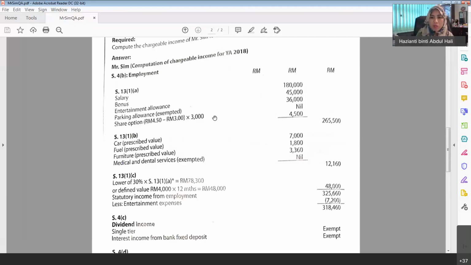So in our calculation, we have to take out the share option, which means this section 13(1)(a), 265,500, you must deduct 4,500 to use here. We do not use this figure straight away because we have a share option here. So the share option cannot be included in the calculation of section 13(1)(a). So that will give us a value of 78,300 and compare with the defined value 4,000.